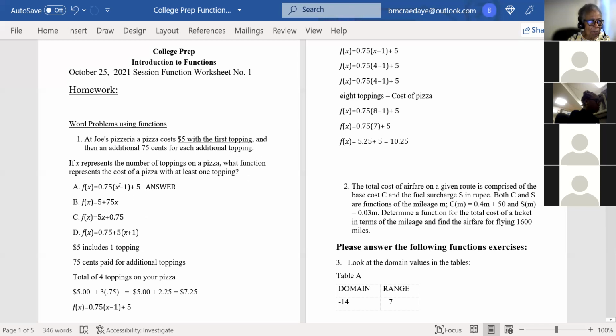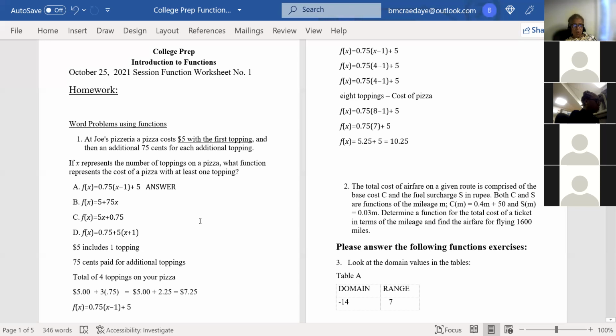So whatever number of toppings you have for your pizza, you've got to subtract one from it because one is already included with this $5. That's why the subtraction. That's why you can't just multiply 75 cents by x, because one topping is already there.